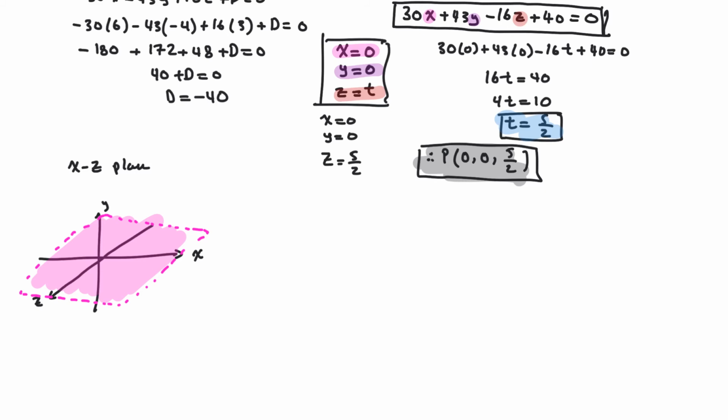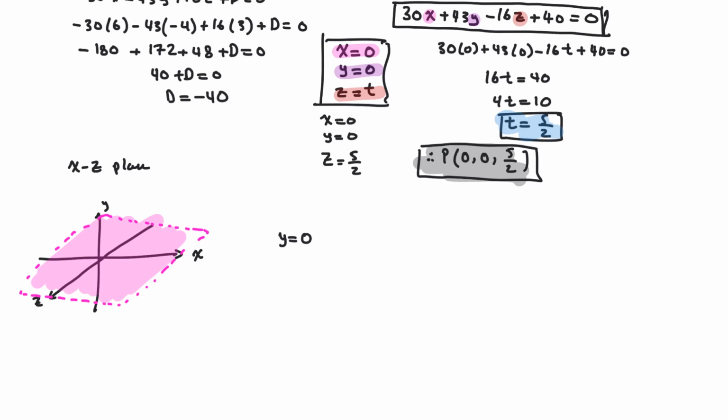Well, in this case, the plane over here basically has a y value of 0 everywhere. It will have different x values, it will have different z values, but the y value is consistently equal to 0. So in this case, y is going to equal 0, and that is the plane where the two planes actually meet.